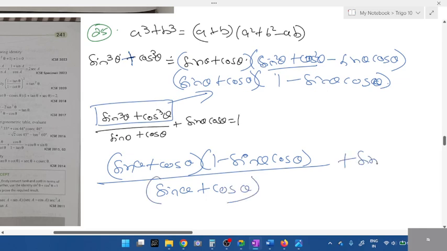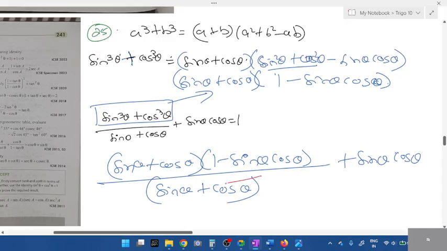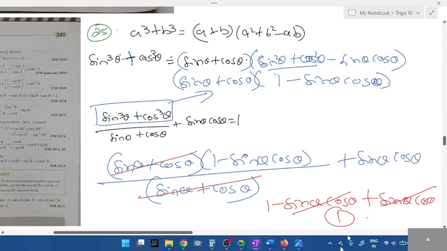Plus we already have sin theta plus cos theta, and you should get 1. Which one gets cancelled here? These two. We get 1 plus sin theta into cos theta plus sin theta. Again, which one gets cancelled here? See these two. Are we getting 1? This is the answer.